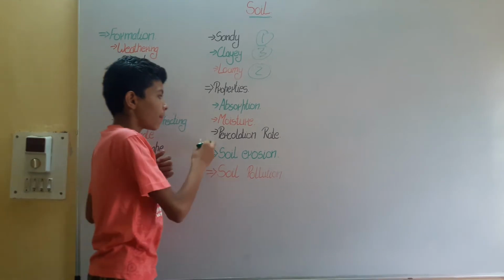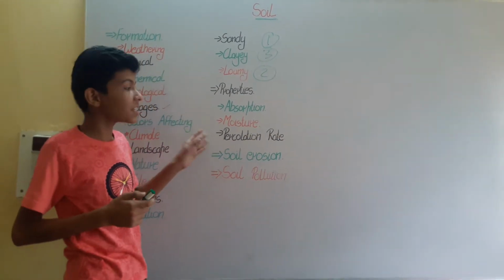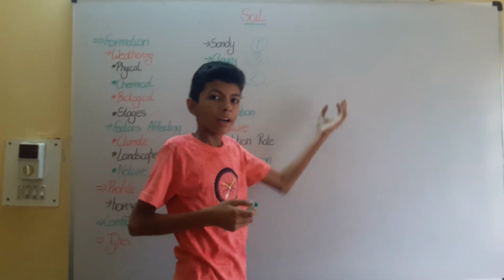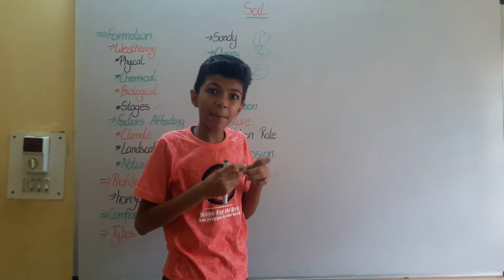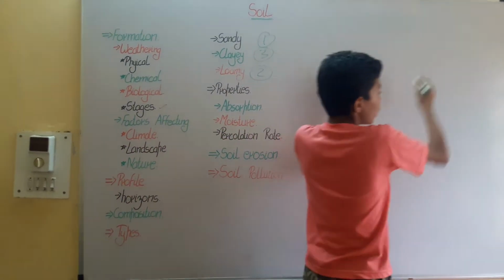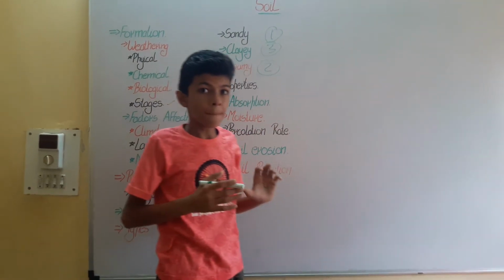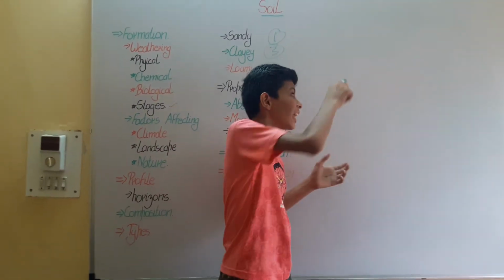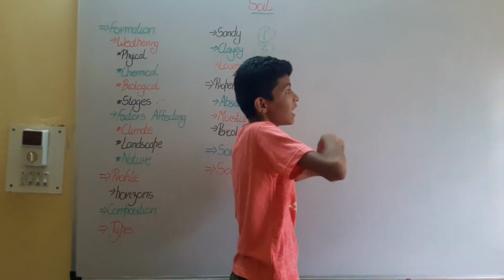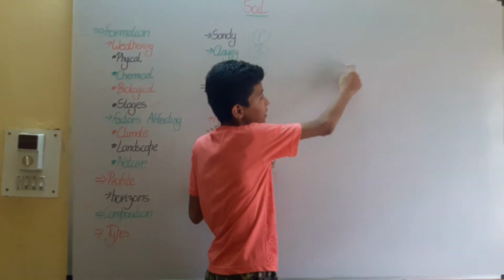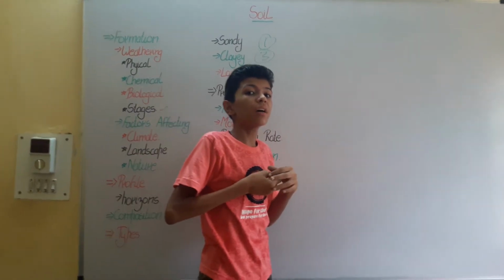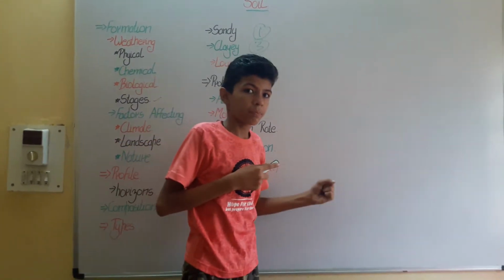Then we have the percolation rate. Take three pipes of the same diameter. The same diameter is important. Push them into three different types of soil and pour an equal amount of water in all three, mark the water levels, and then see in which soil the water goes the fastest.